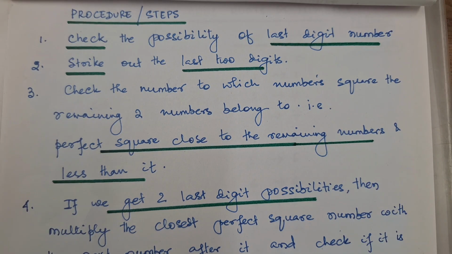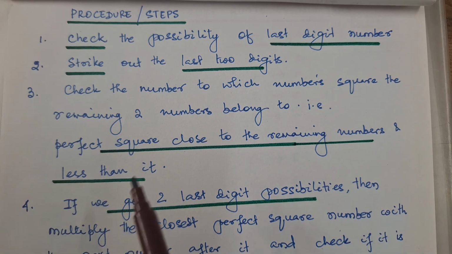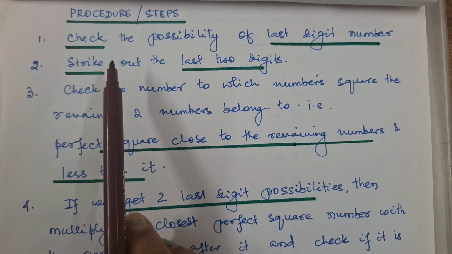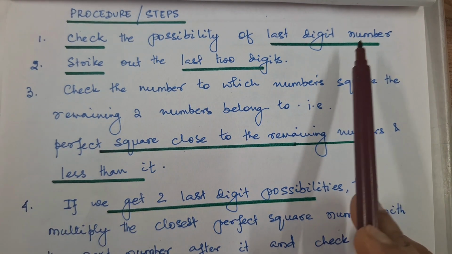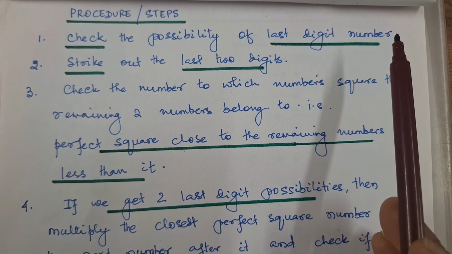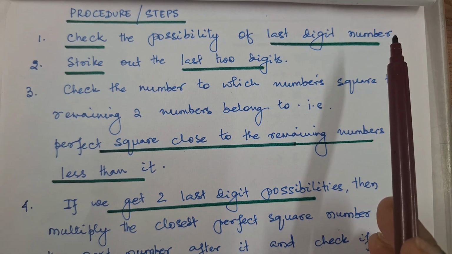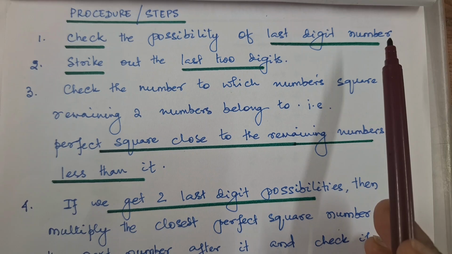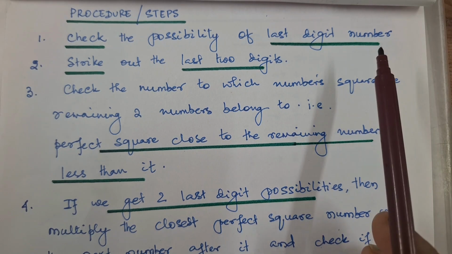Next, the important thing is to see the procedure, or the steps followed, to find the square root of a perfect square. First, whenever a number is given to you, check the possibility of the last digit. Why am I saying possibility of the last digit? Because some numbers will have 2 possible digits, a combination of either 2 or 8, or 3 or 7.